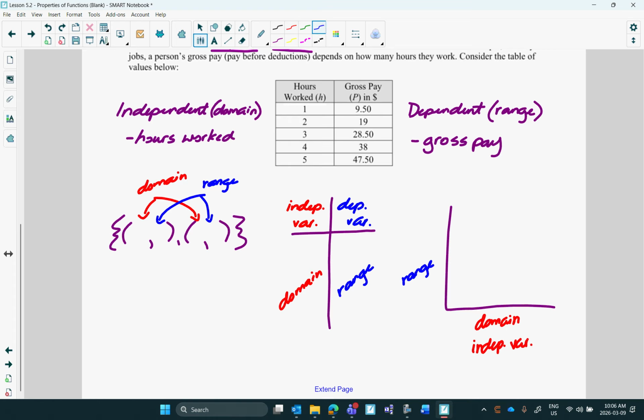And the title of the vertical axis would be the dependent variable. That's how you can tell. And because we're going to start working with just numbers, we can also show relations using equations, but we'll get into that a little bit later.